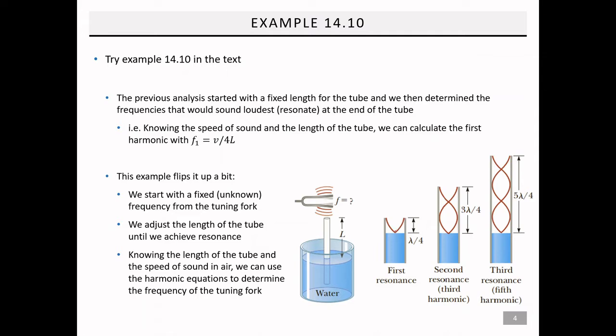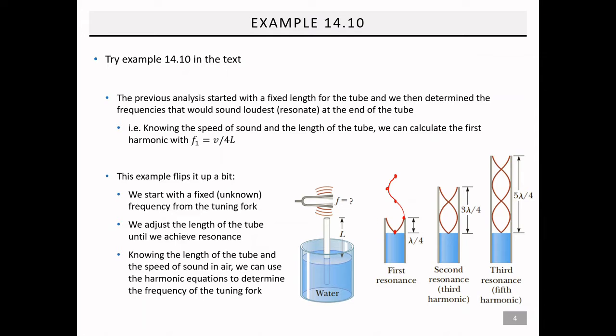If you were to extend this wave beyond the open end of the tube, it would look like this. So you have a node at the water level, you have an antinode at the open end of the tube. If you continue upward, you would get another node here, another antinode here, and then another node here for the full wavelength. So you have 1/4 of the wavelength inside of the tube.